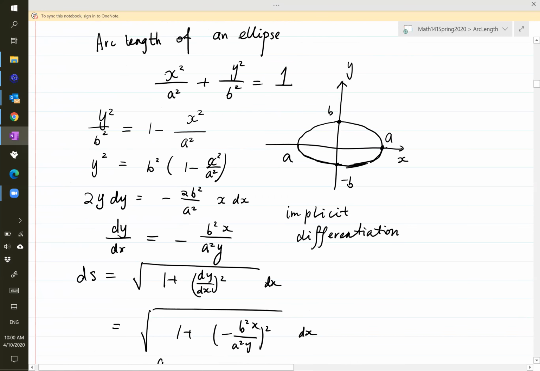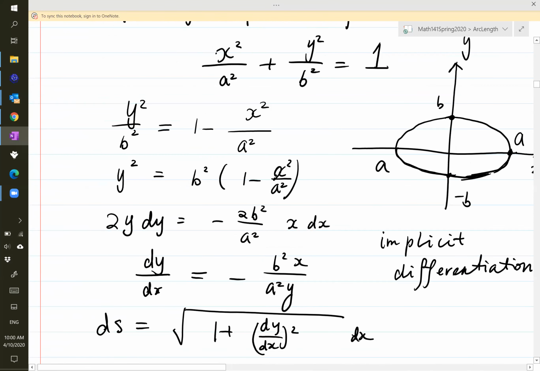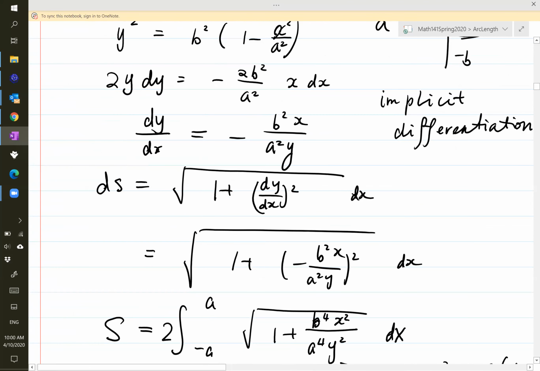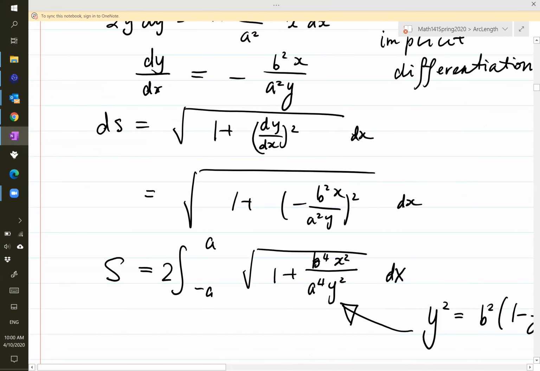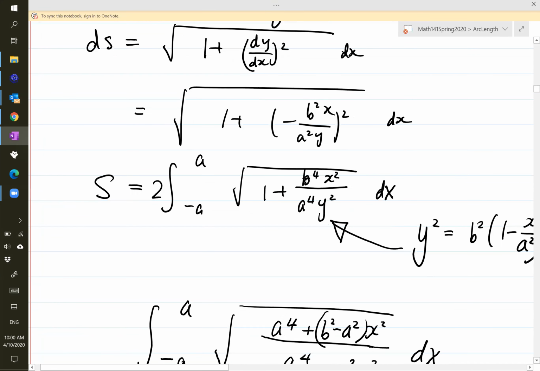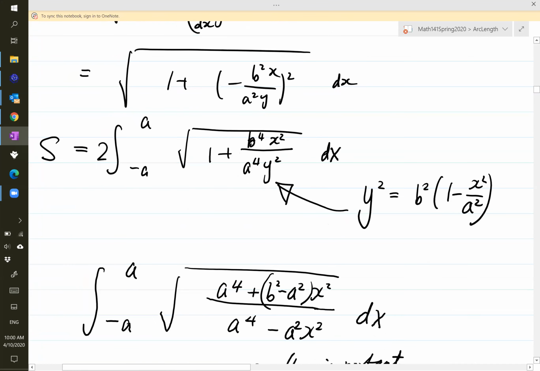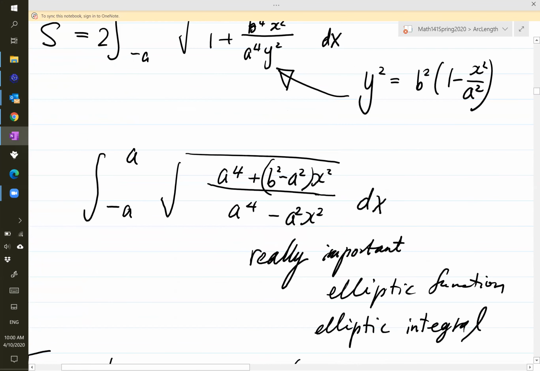We use implicit differentiation to find dy over dx, and then we find the arc length element. Then we finally need to evaluate this integral. If you substitute y by a function of x, then you need to evaluate this integral. This turns out to be really, really important in modern mathematics.